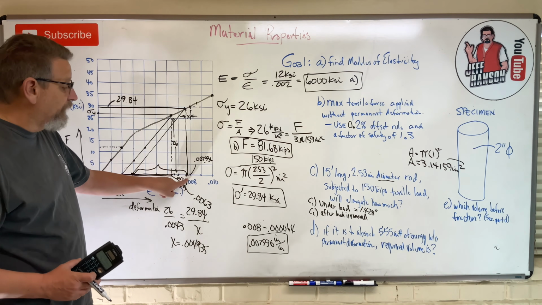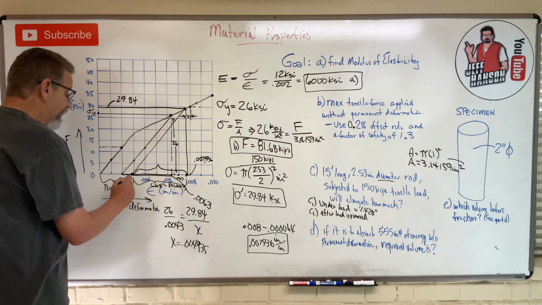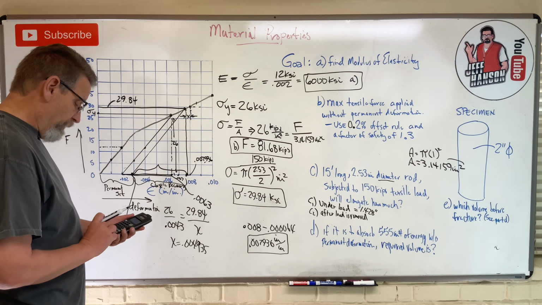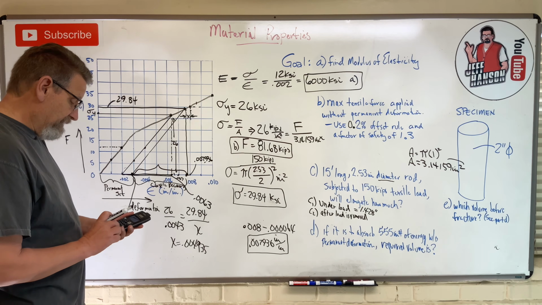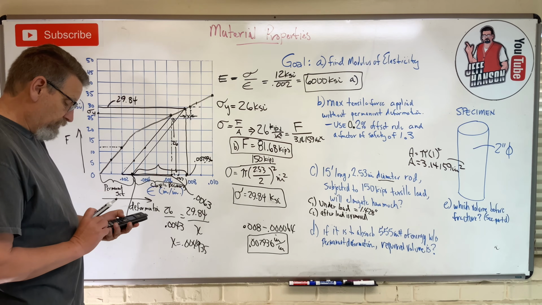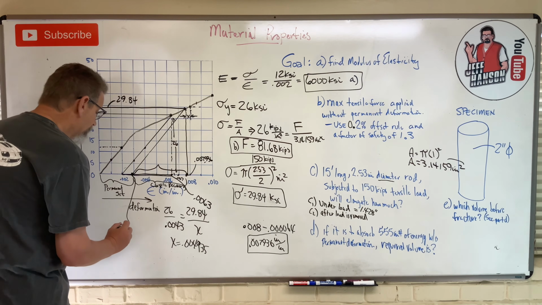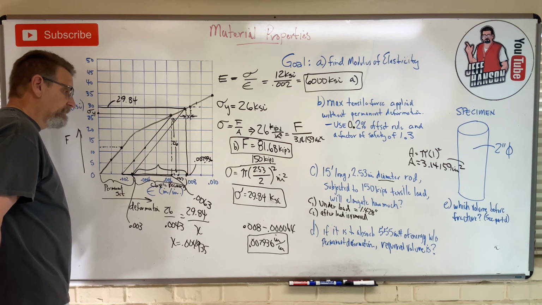We're going to subtract that off of this guy, and that's going to give us that permanent set number right there, okay? So 0.007936 minus that answer equals 0.003, okay? So this right here is at 0.003.